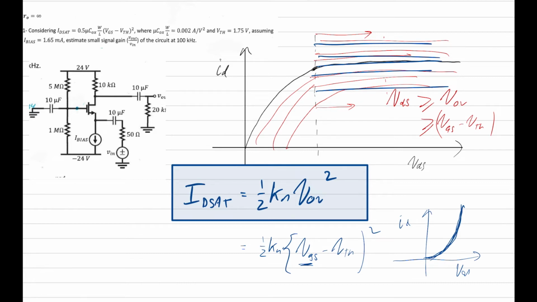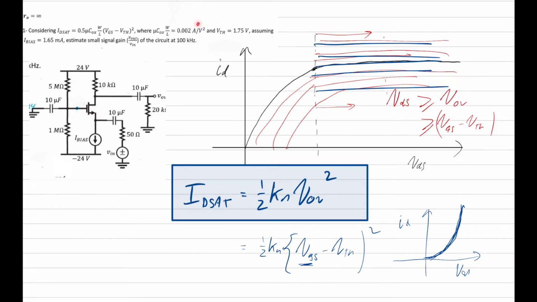So the question says, considering ID sat, so it's a saturation current, so that's already giving it away, really, that we're operating in this region here, is half mu Cox W on L, and remember mu Cox W on L is simply Kn, the transconductance parameter, times the overdrive voltage squared, where mu Cox W on L is 0.002 amps per volt squared.